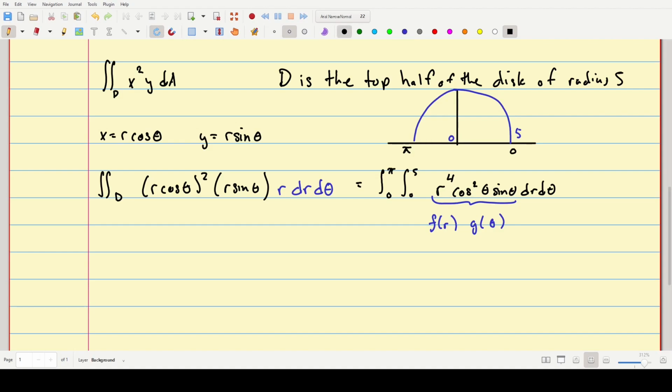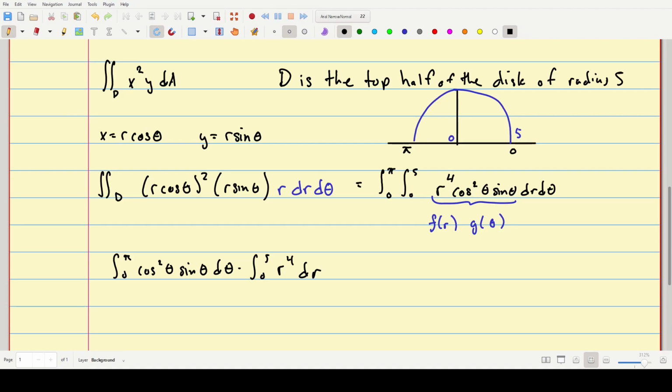So we can use the property of separable integrals to rewrite this as the product of integrals. Okay. If you evaluated the integral without doing this, you would get the same answer. Okay.